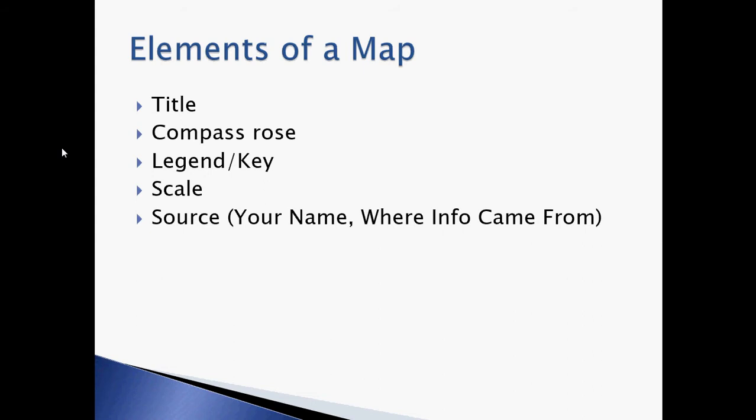A legend or a key. If your map contains information, I need to know what the information is. Legends or keys help us figure out what it is we're looking at. And then a scale. A scale will tell us if the map is small, which it's going to be smaller than the real world. It would tell us what distance on the map corresponds to what distance in real life.